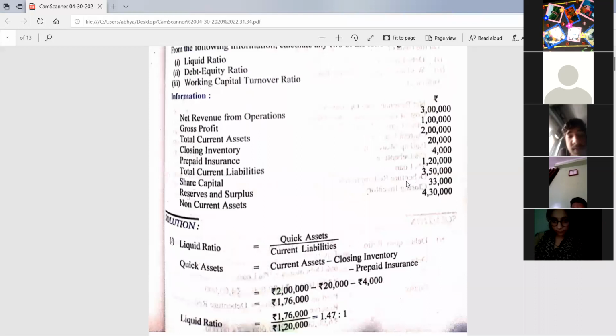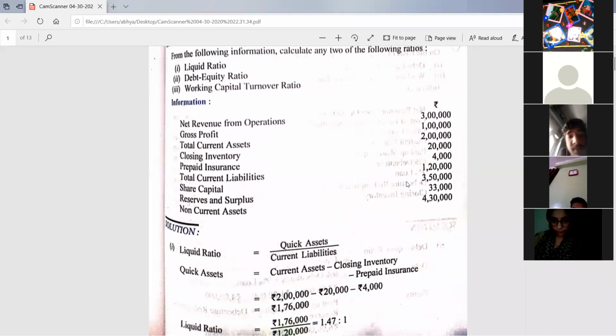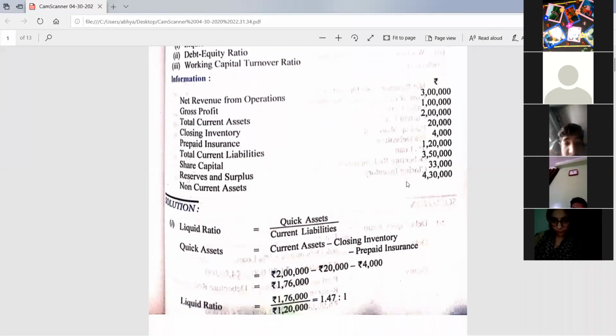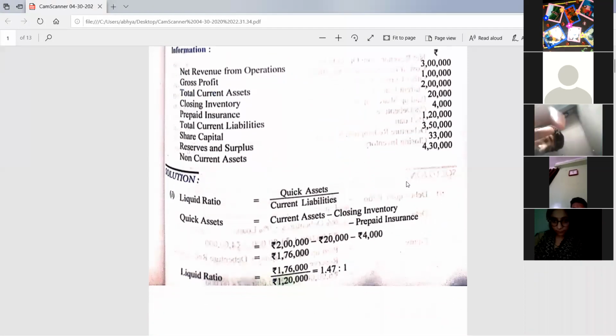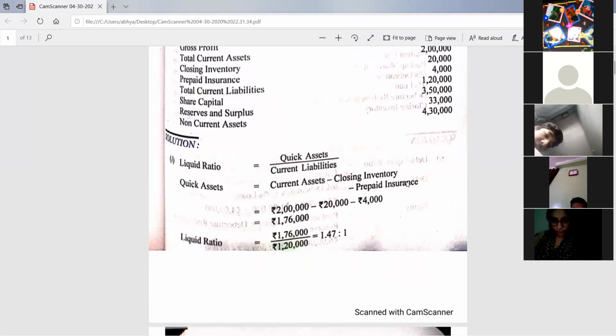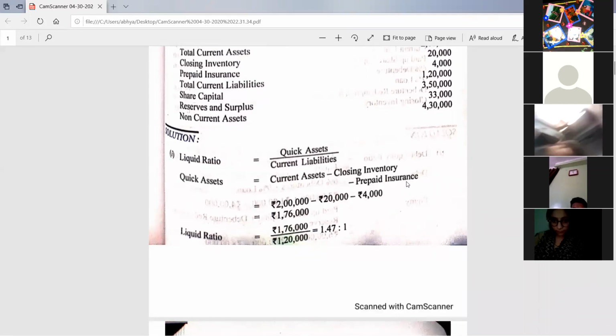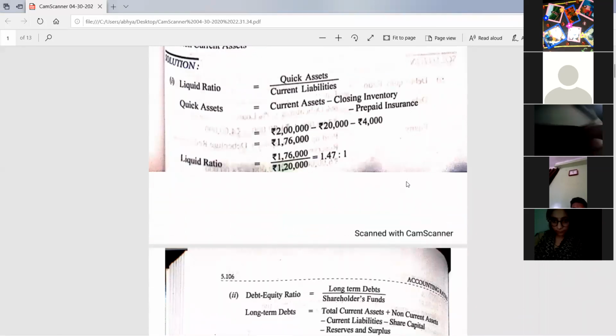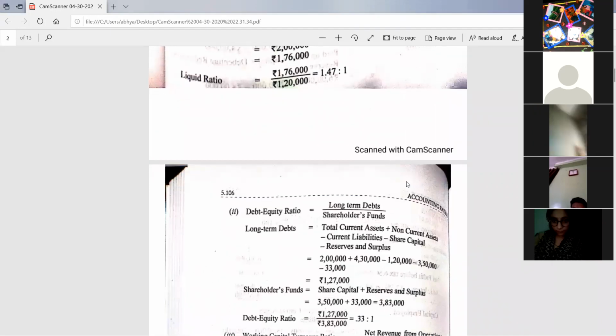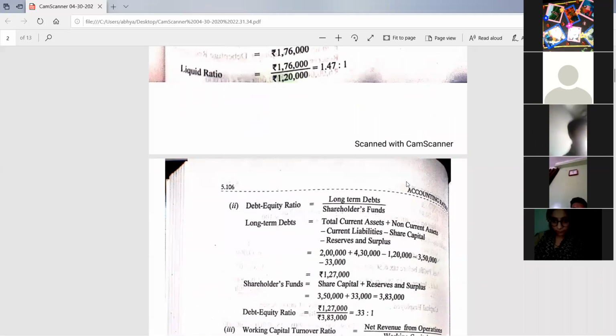Then the second was debt equity ratio, and here the debt is reserve and surplus, share capital, non-current assets. So I think here we need to make the balance sheet. By preparing the balance sheet, we will be able to find out the non-current liabilities. In earlier questions, I explained how to prepare the balance sheet in ratio questions. So here you have to prepare the balance sheet to know the value of debt. So long-term debts will be total assets.